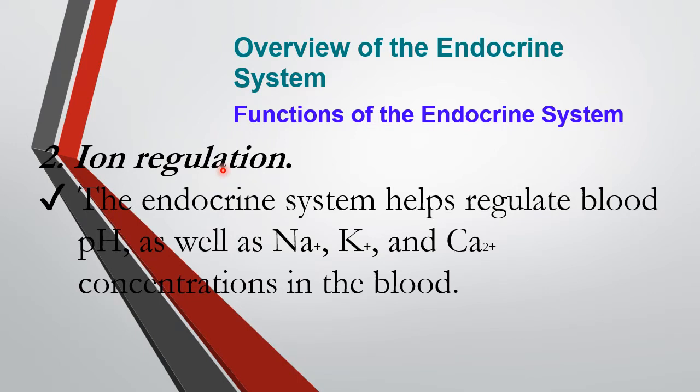Second, ion regulation, which helps regulate the blood pH plus these ions, sodium, potassium, and calcium. No? So you will remember later. Okay? How it regulates these ions, sodium, potassium, and calcium concentrations in the blood.